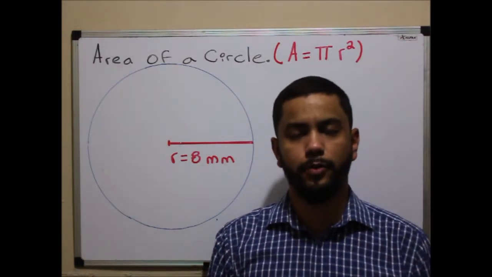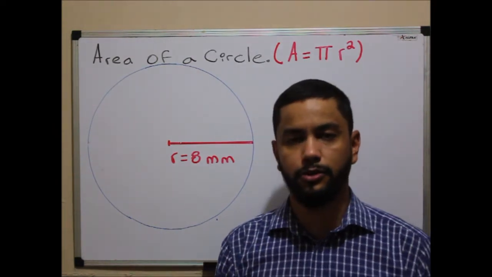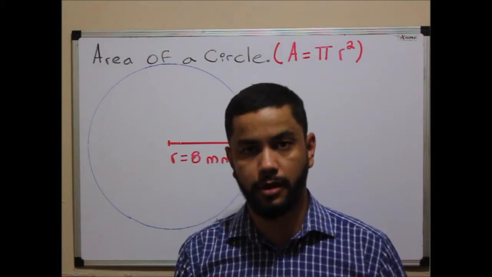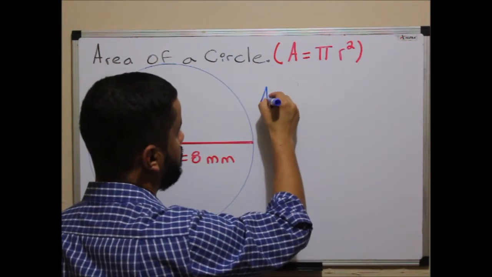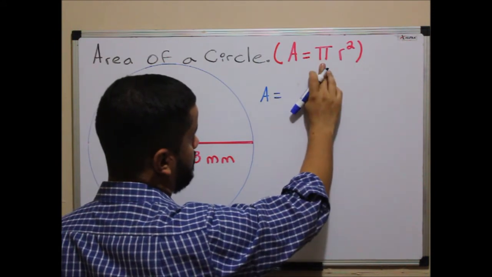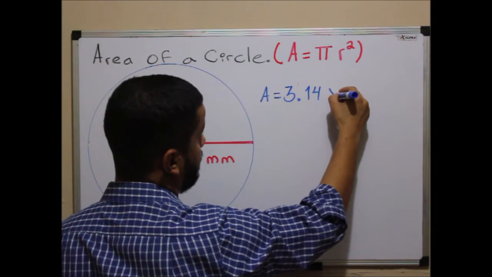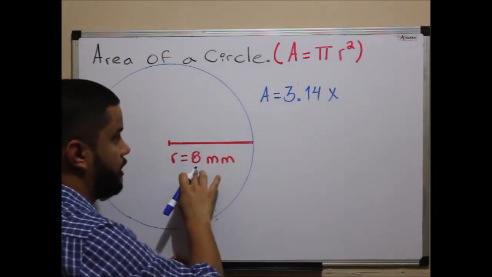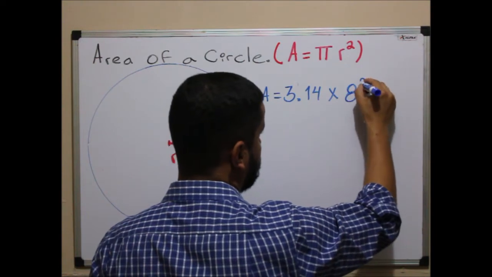In this example, we have a radius of 8 millimeters, so we're going to apply the same procedure that we have been applying. That means the area will be equal to pi, that is 3.14, times the radius, that is 8, so this will be 8 squared.